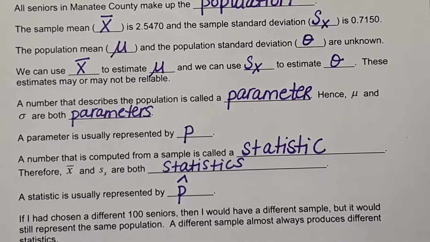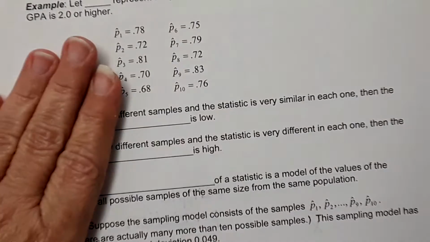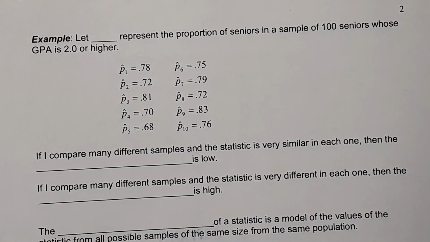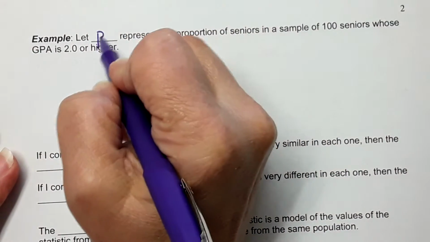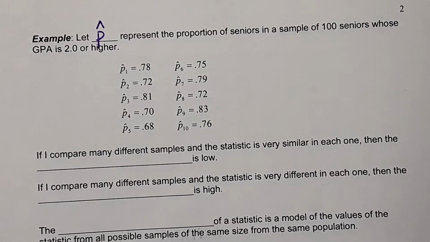Okay, so we have this sample, and then we're going to flip it over, and we're going to talk about these samples right here. We're going to let P hat, notice P hat is a proportion, represent the proportion of seniors in a sample of 100 seniors whose GPA is 2.0 or higher.